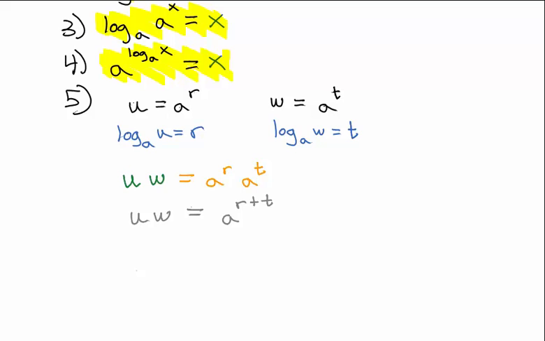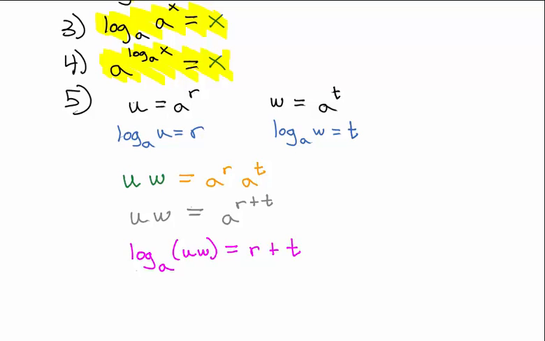Let's rewrite this as an exponent, as a logarithm property. If we wrote this as a log, the base you see is a, and uw is what's inside the log, and it will equal the exponent r plus t.